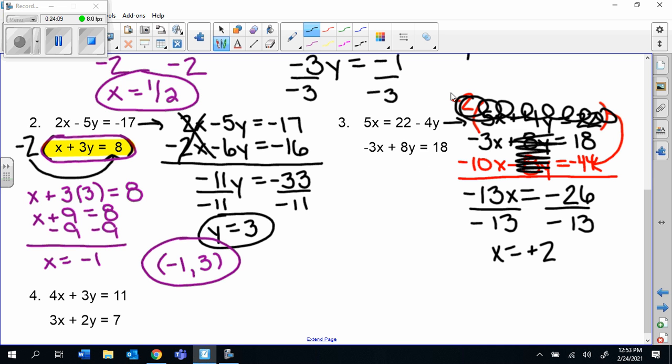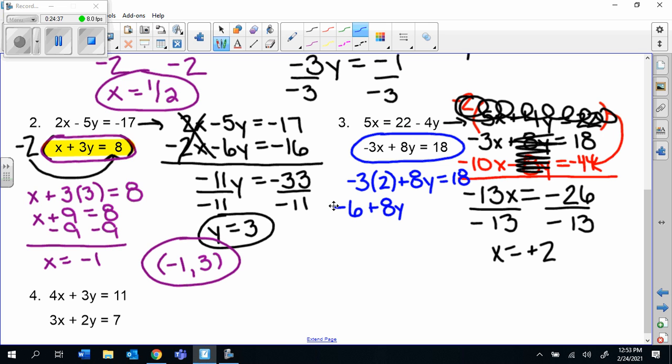Let's go back and plug it in. I'm not going to use any of these equations to plug it in. I'm going to go back somewhere original. This one has bigger numbers, but I'm going to have less manipulating with this one. You get to pick. If you don't like what I chose, do the other one. -3, x is 2, plus 8y equals 18. -6 plus 8y equals 18.